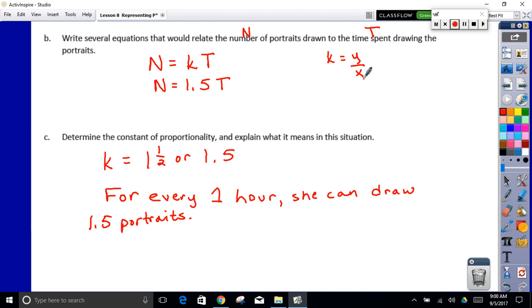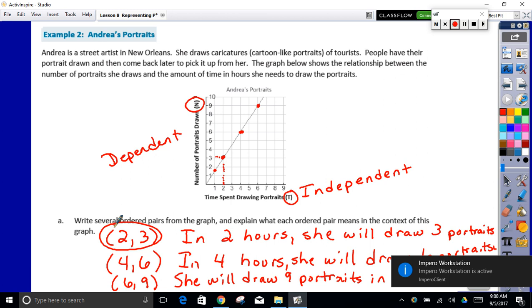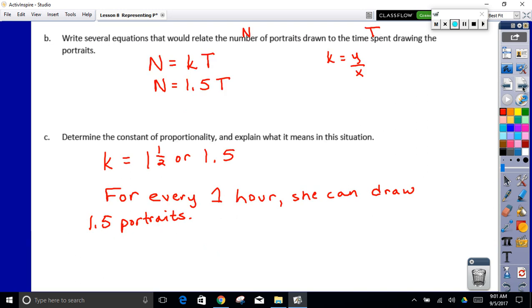Well, when we found 1.5, I think most of you did it by using this point and doing 3 divided by 2. We could also do 6 divided by 4. Now, if we did 6 divided by 4 on the calculator, we're still going to get 1.5. But what it means over here is we could actually write n equals 3/2 t. We could write n equals 6/4 t.